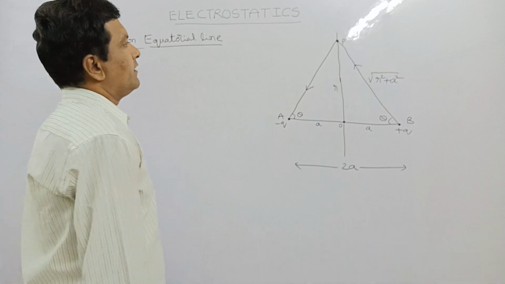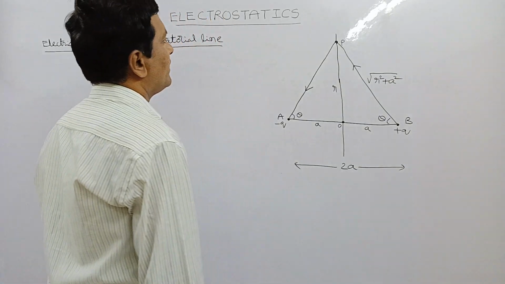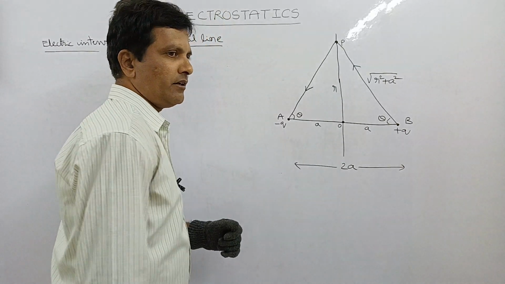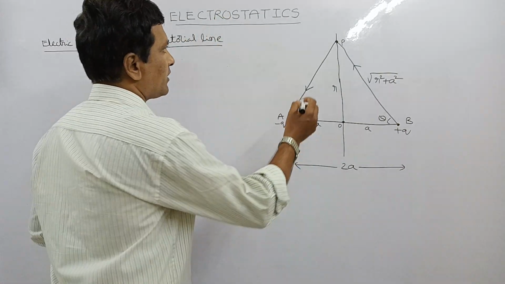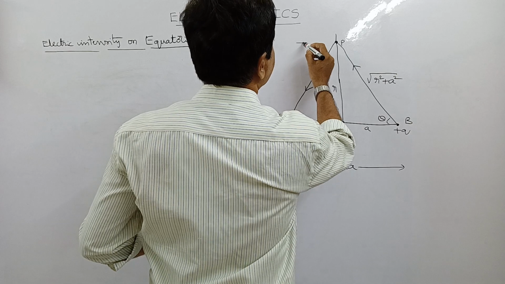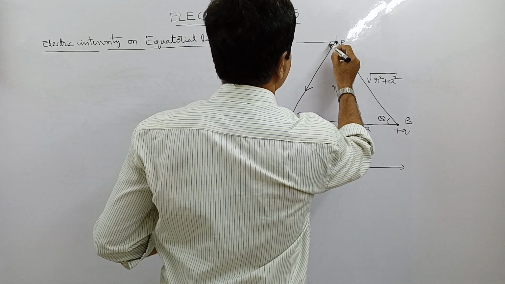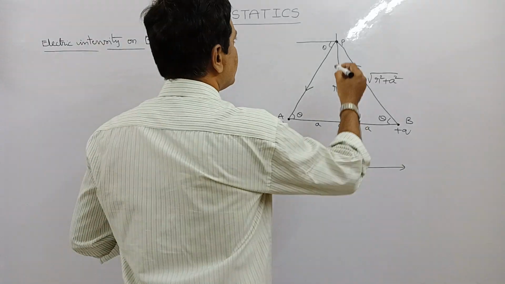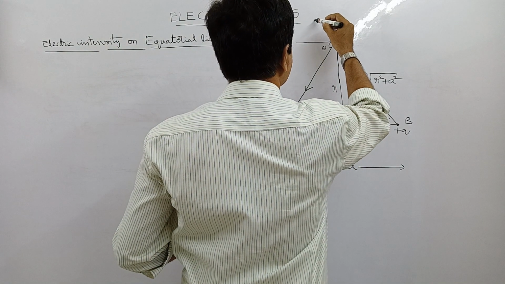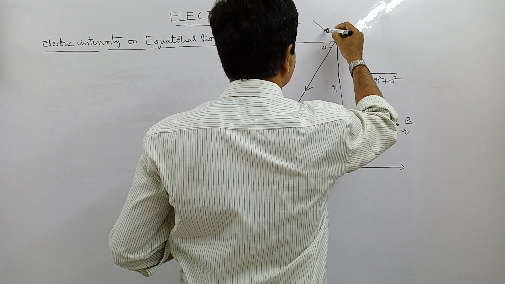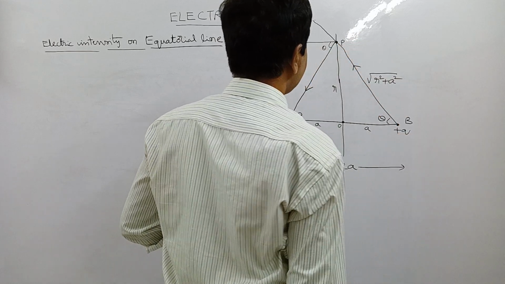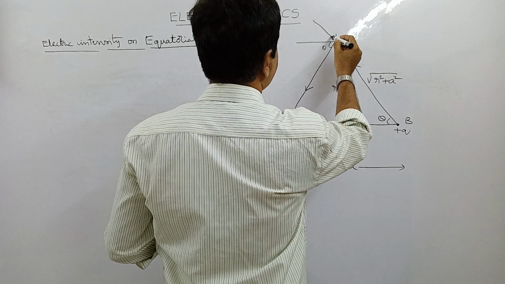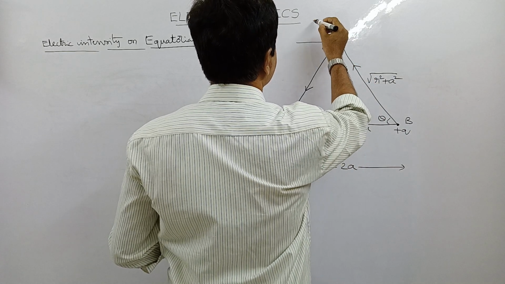Then we can find the net resultant intensity by considering the components. This angle is theta, and by symmetry this is also theta.